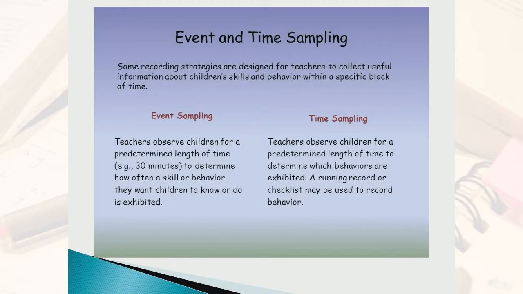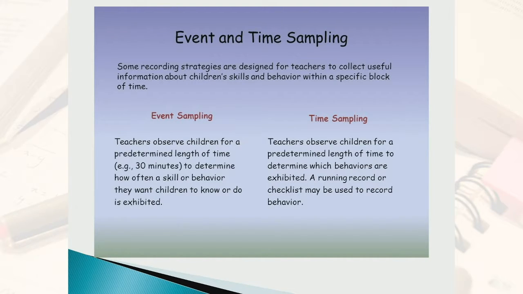Time sampling and event sampling are recording strategies designed for teachers or educators to collect useful information about children, about their skills, about their behaviors during specific blocks of time. For event sampling, an example could mean that an ECE decides to observe the children for 30 minutes, looking at a specific skill, maybe fine motor skills, or it could be a behavioral issue.